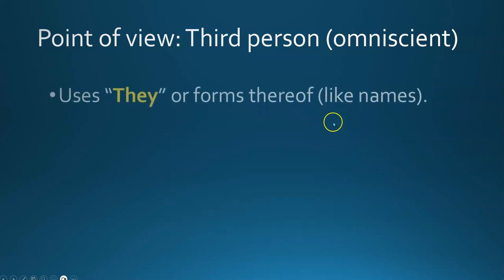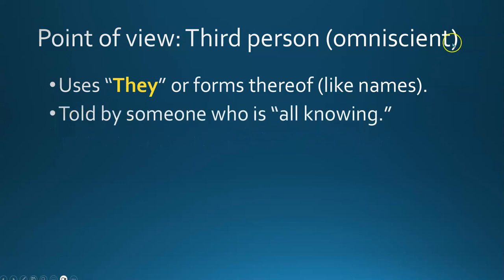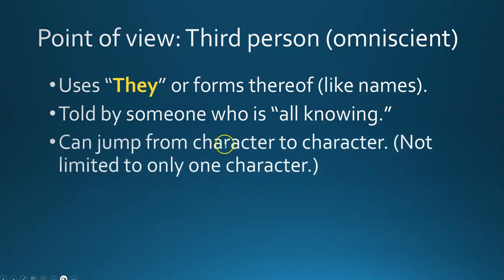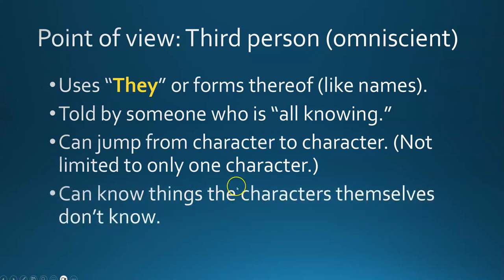It uses they or the forms thereof, like names. The term omniscient basically means all-knowing, so the narrator is all-knowing. They can jump from character to character. They're not limited to just one character at any given time. And they can know things the characters don't know themselves.